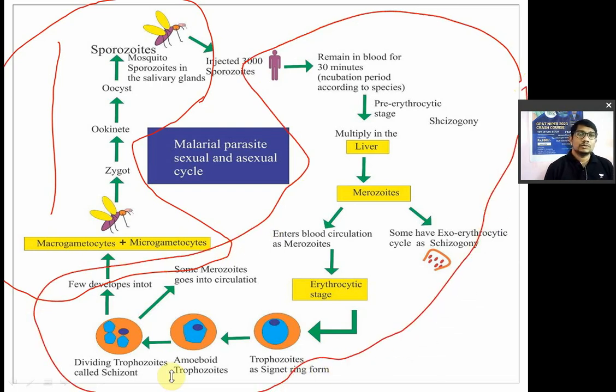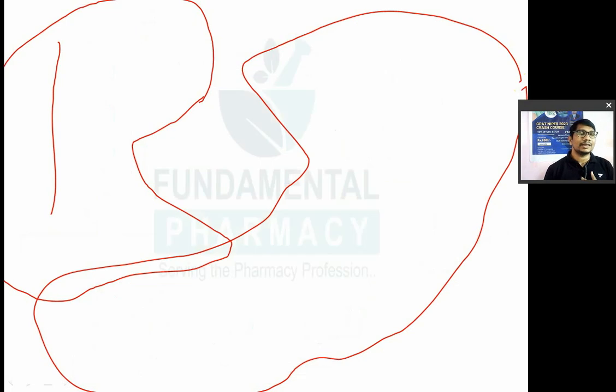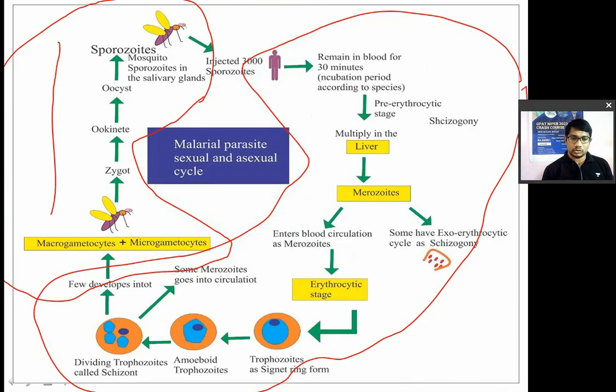So remember, the asexual cycle of malaria occurs in humans, and the sexual cycle of malaria occurs in the mosquito.